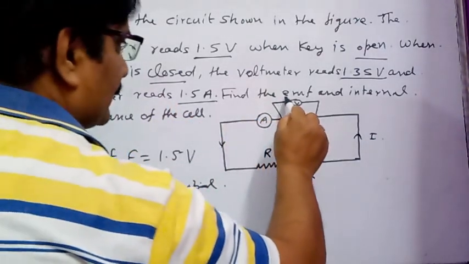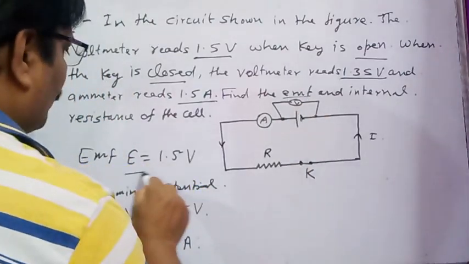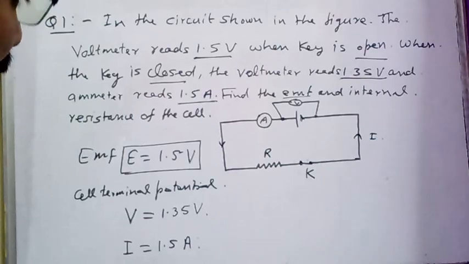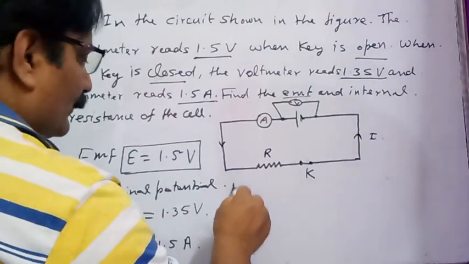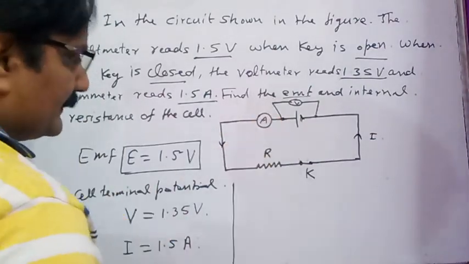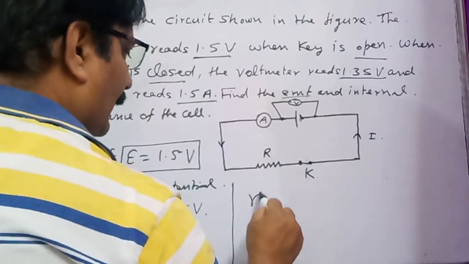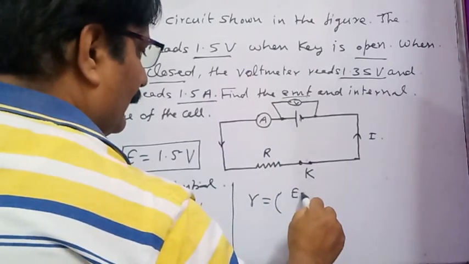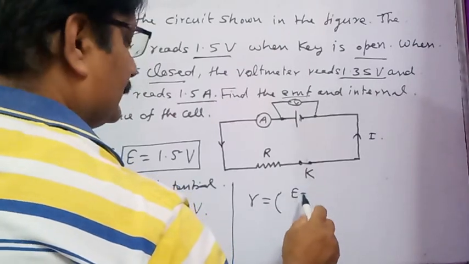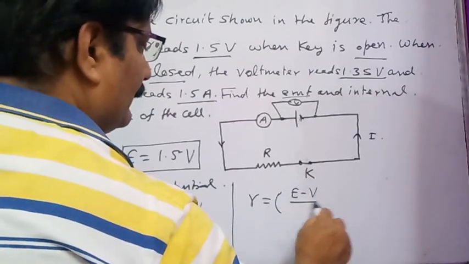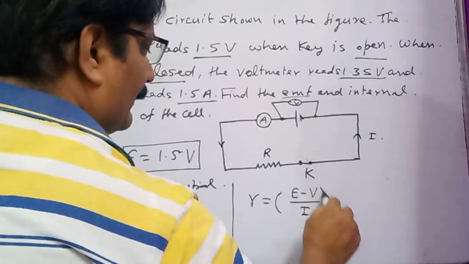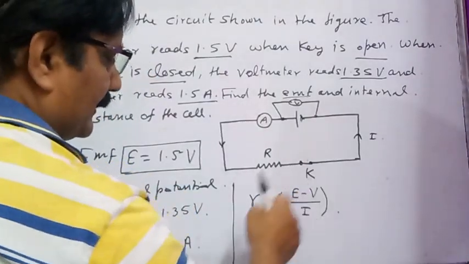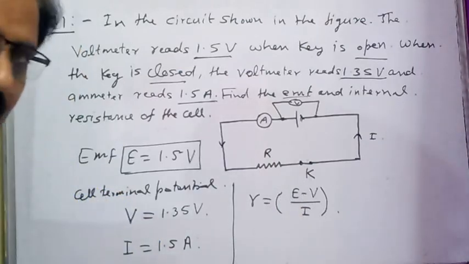So EMF of the cell is going to be 1.5 volt. This would be the first answer of this question. To calculate the internal resistance of the cell, r is given as (E minus V) divided by I, that is, the difference of EMF and cell terminal potential divided by the current in the circuit.